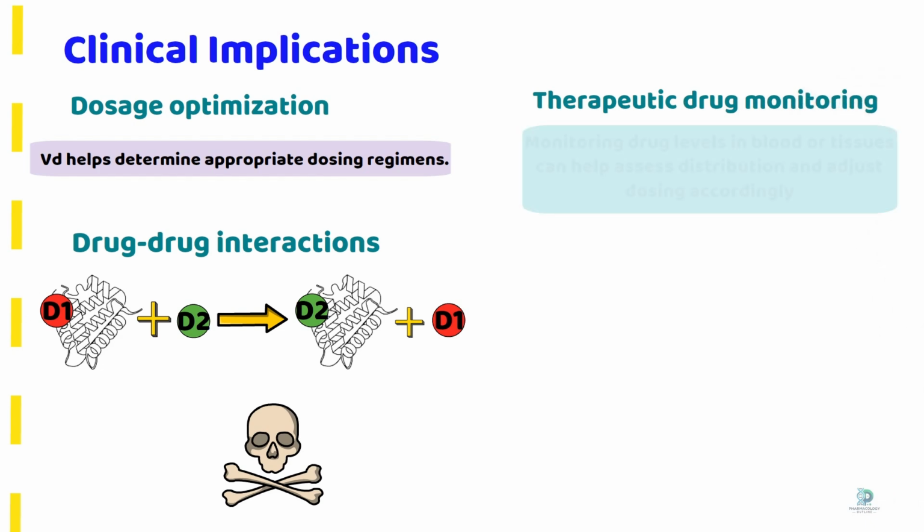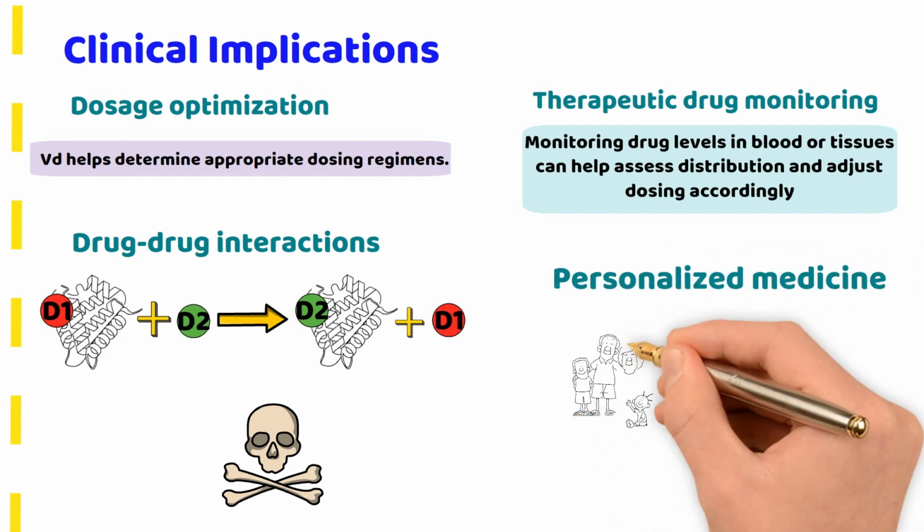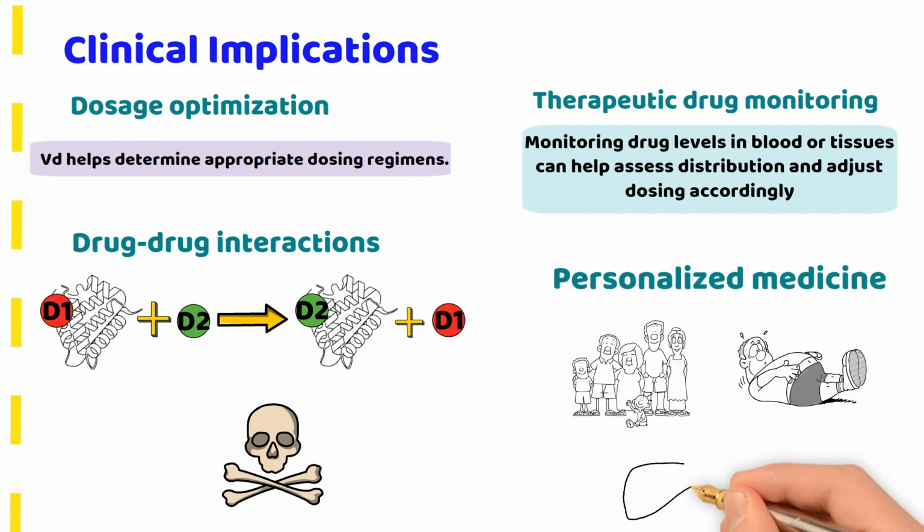Therapeutic drug monitoring. Monitoring drug levels in blood or tissues can help assess distribution and adjust dosing accordingly. Personalized medicine. Factors such as age, weight, and organ function can significantly influence drug distribution and require individualized dosing strategies.